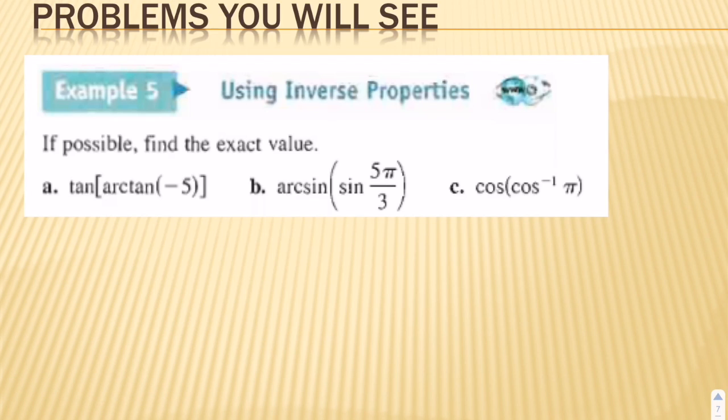We have to keep in consideration that the range of inverse cosine is from 0 to pi, and the domain of the inverse cosine is -1 to 1. And pi is 3 and a little bit more, so it's outside that range. So the answer for C is that it does not exist.